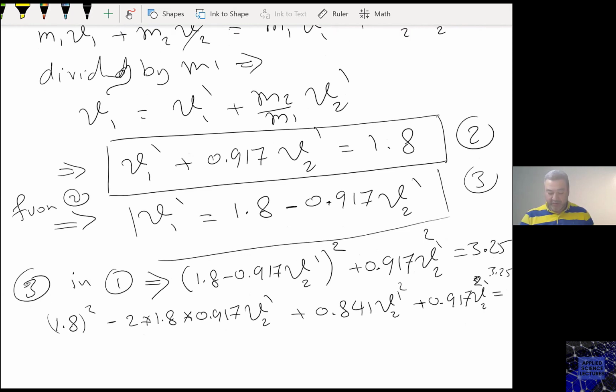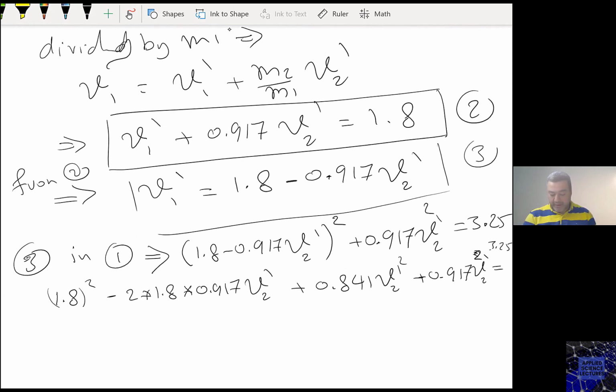Now this one is going to give me 3.25, minus 3.3 V2 prime, plus, if you add those two, what do you get?